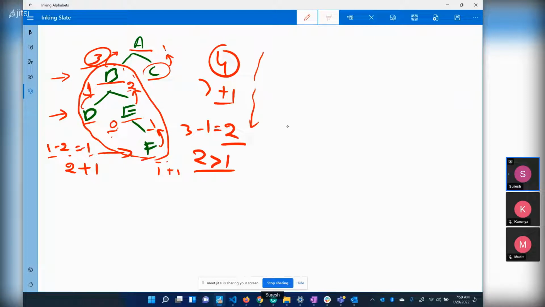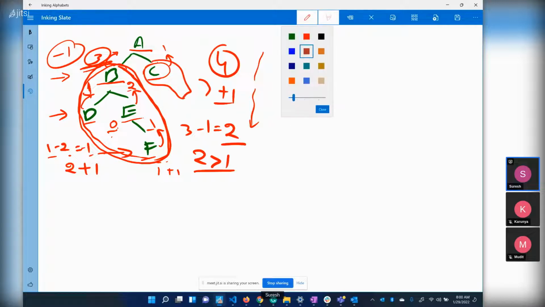If you look here, once you calculate the left subtree height, if this returns -1 instead of 3, you don't calculate even the right subtree height. Let's say the right subtree has one element, or a million elements. You don't do that.